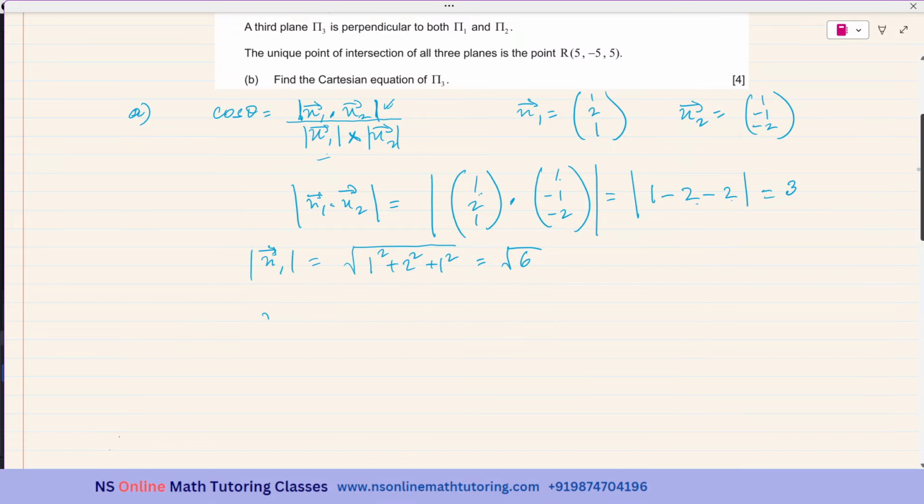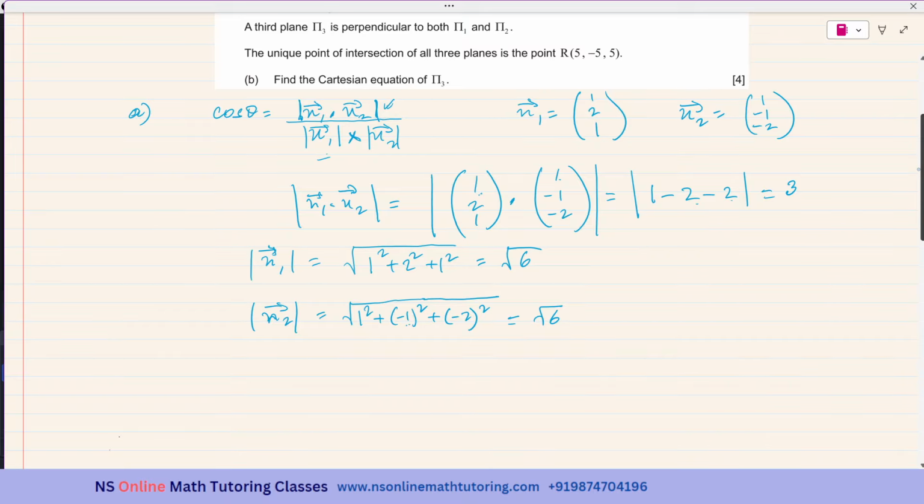The magnitude of the n2 vector will be equal to the square root of 1 squared plus negative 1 squared plus negative 2 squared. Negative 1 squared is 1 and negative 2 squared is 4, so 4 plus 1 plus 1 is again 6. So it is root 6.